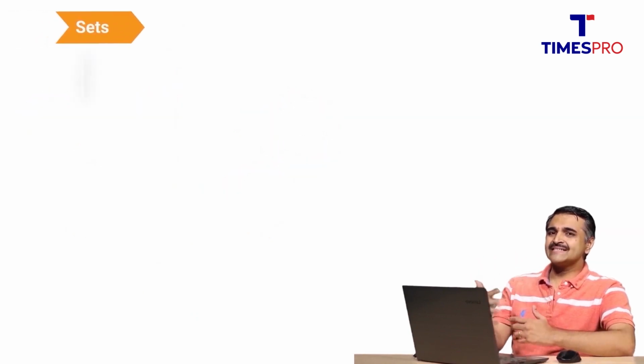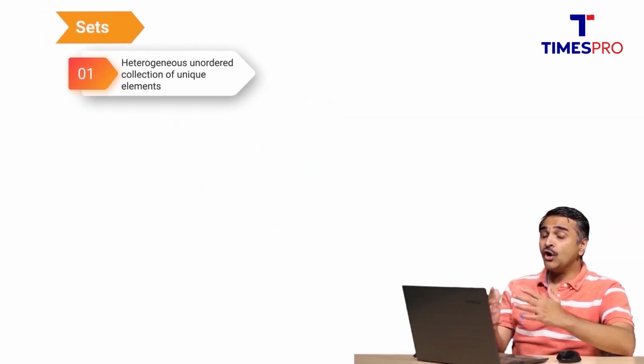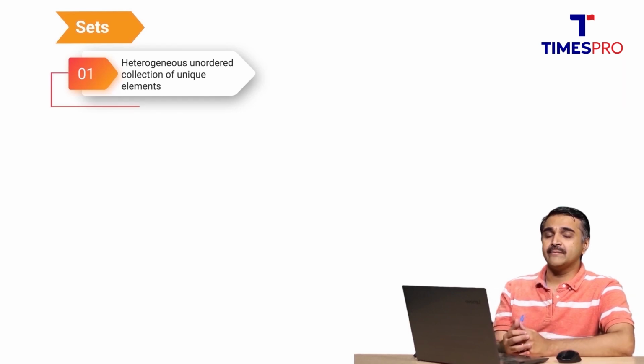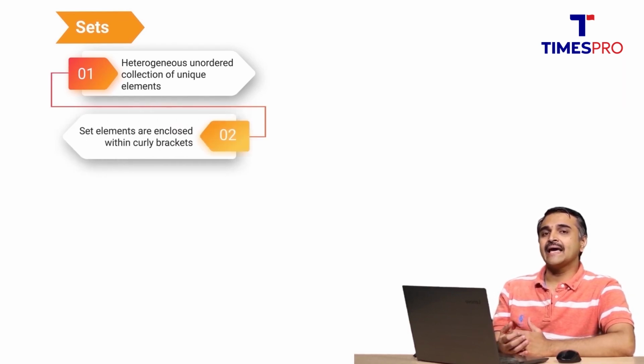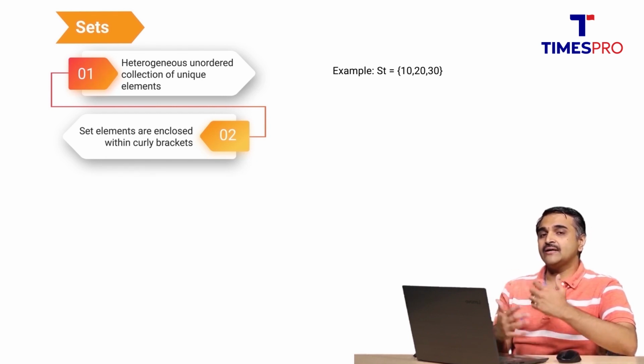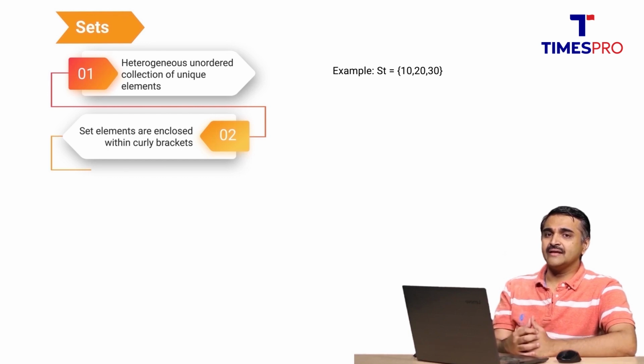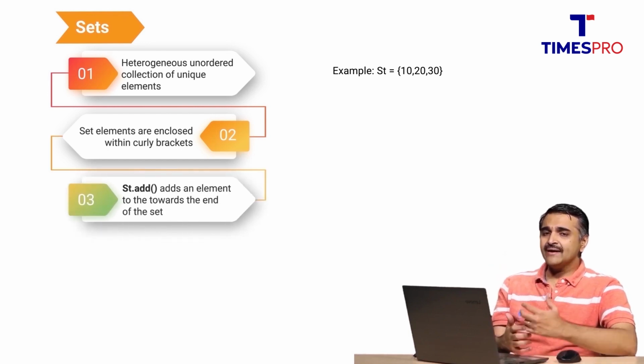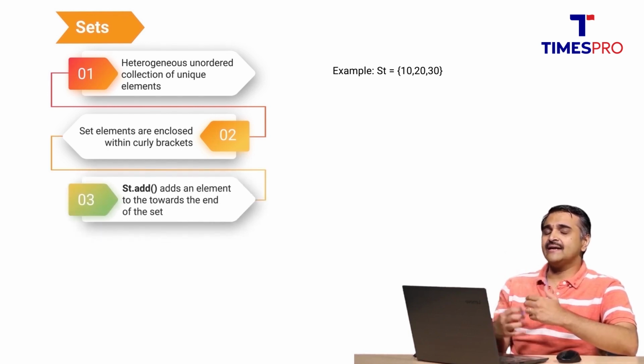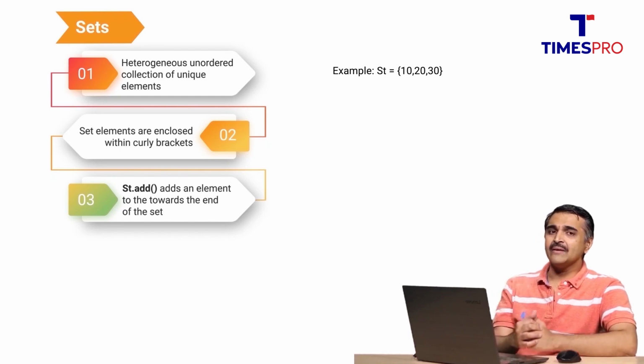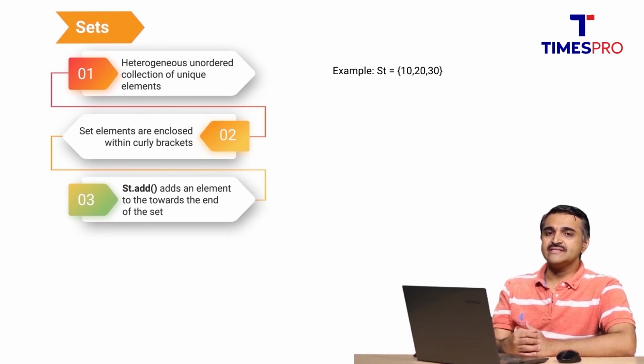Moving on to sets, they are heterogeneous, unordered collections of unique elements. Set elements are enclosed within curly brackets. So here is an example of a set comprising three elements: 10, 20, and 30. st.add, where st is a set, adds an element to the set.